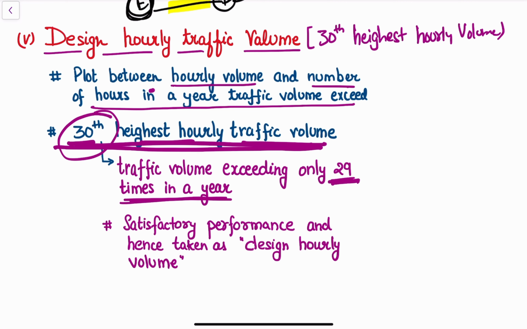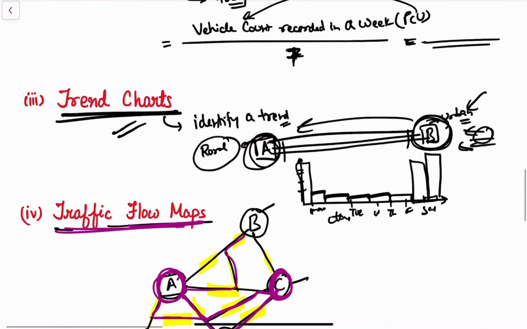So I recommend that you go and watch that video instantly. I will share the link of the video in the description box as well as in the cue card here, right? So I won't be discussing the 30th highest hourly volume. It's explained in a very detailed manner, right? So this is all about the traffic volume. It covers everything about the traffic volume.